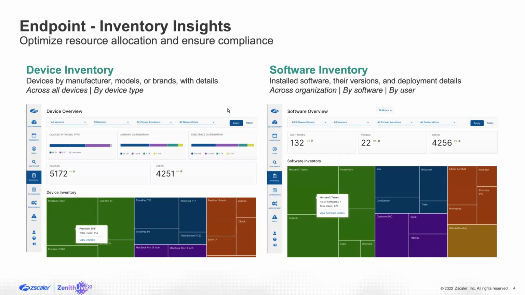Similarly, we will also be introducing a new feature for looking at what softwares are installed across all of your employees in your organization. You can look at the software, you can look at their version, history, and also the deployment details.